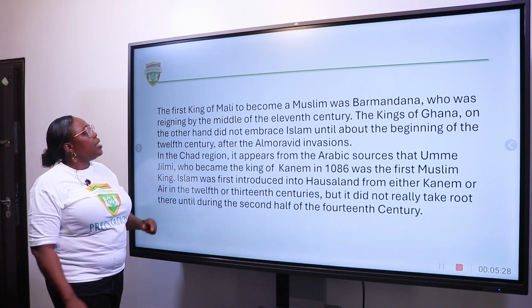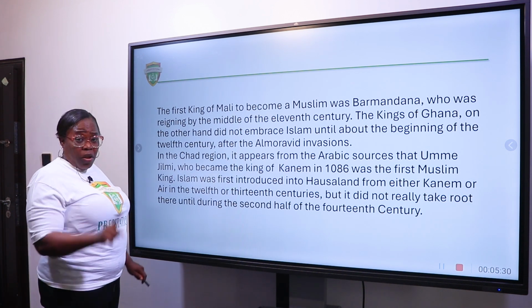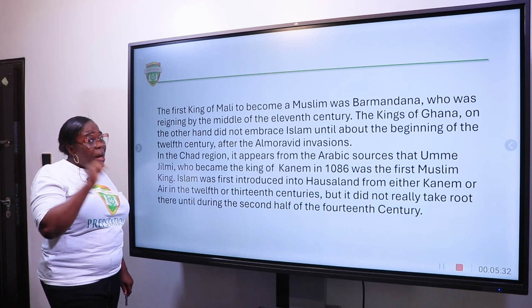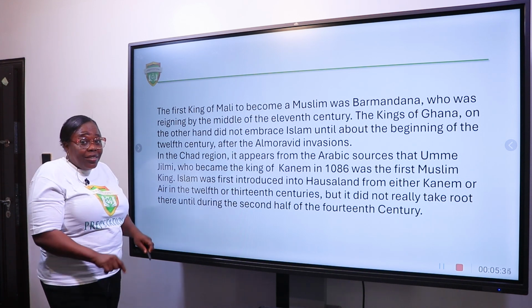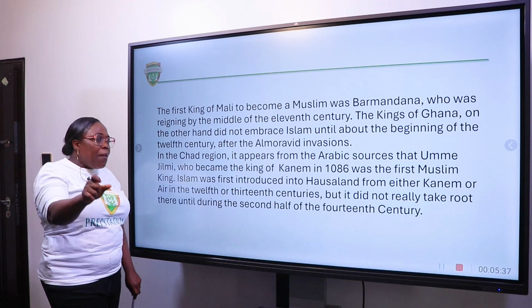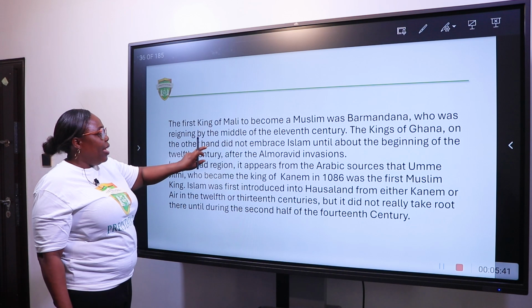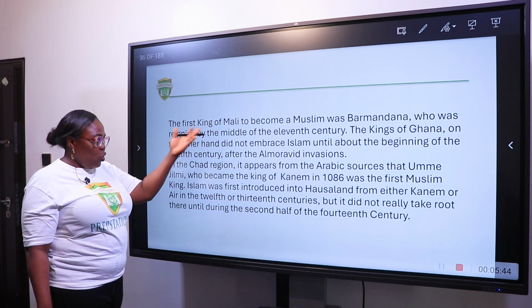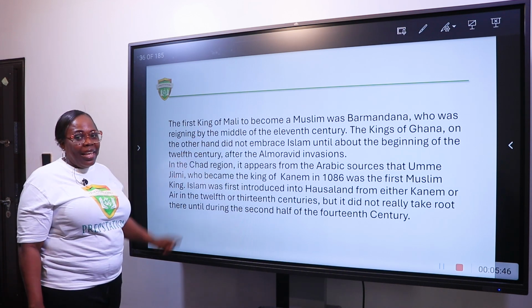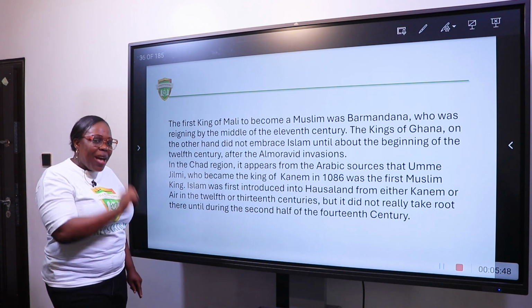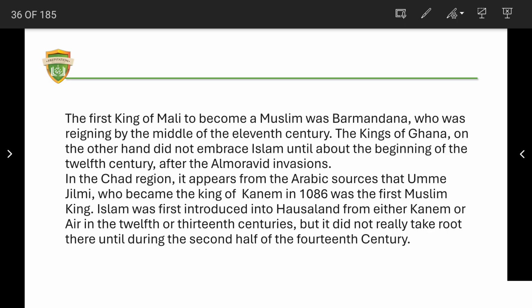Okay, look at this. It says, the first king of Mali. The Mali we are talking about is not Mali, the present country. We're talking about the ancient Mali Empire. Please take note. The first king of Mali to become a Muslim was Bamandana, who was reigning by the middle of the 11th century.